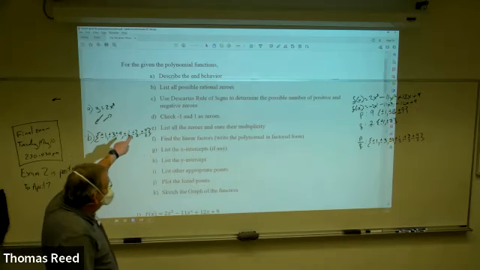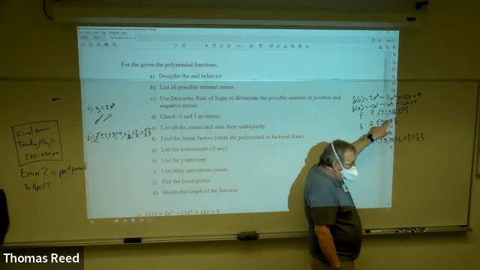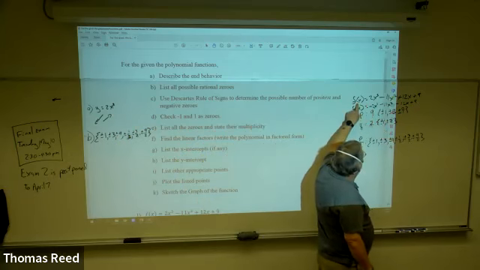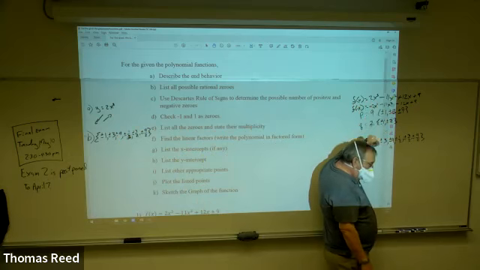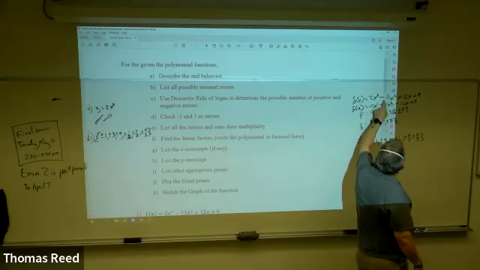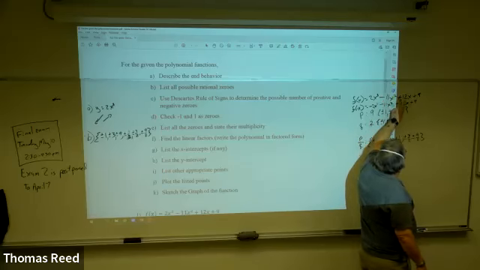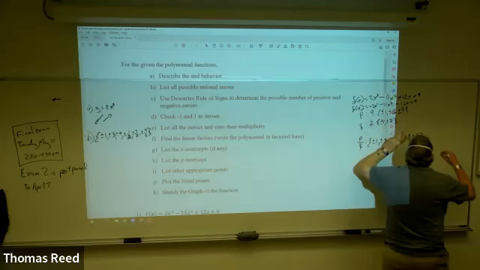Now, I count the number of times the sign changes. For the positives, I look at f of x. It's a positive 2, negative 11, that's one sign change. Negative 11 to positive 12, that's two sign changes. Positive 12 to positive 9, I'm done.